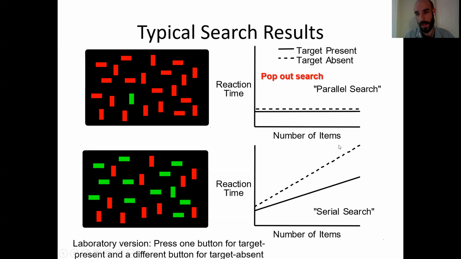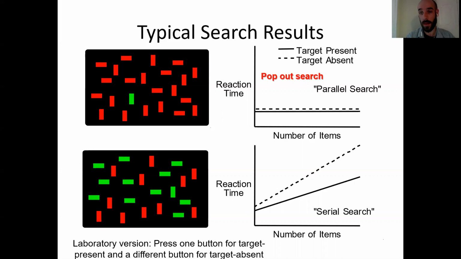Okay, so if you remember back to the Sternberg paradigm, in this case, the feature search is parallel. So it doesn't matter how many extra stimuli I add, it's all parallel. Conjunction search is serial and self-terminating. As in, once I find the item, I will terminate, I will press the button, and I'll stop.